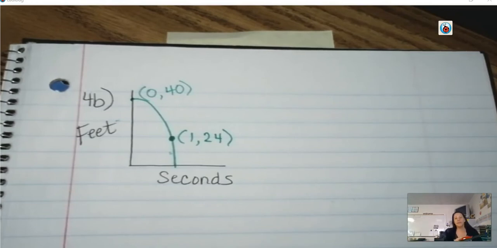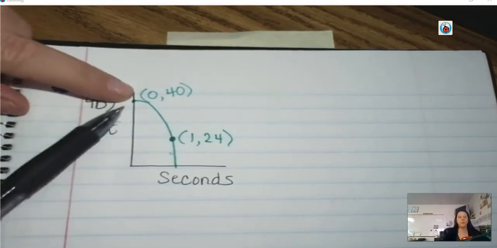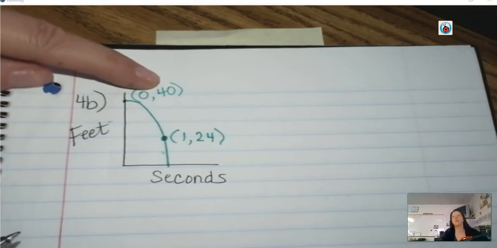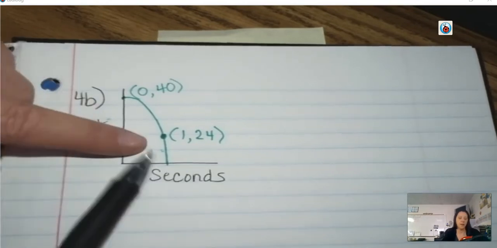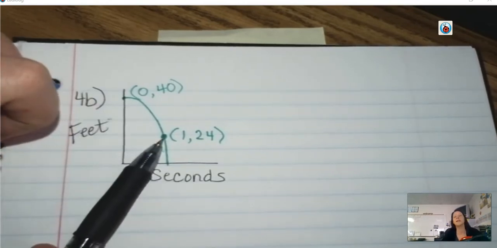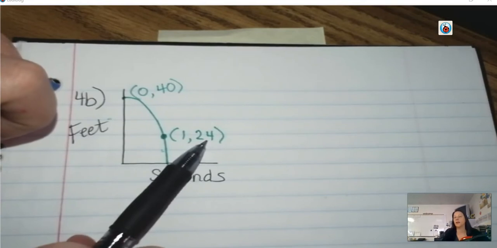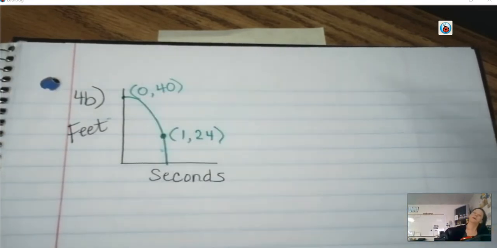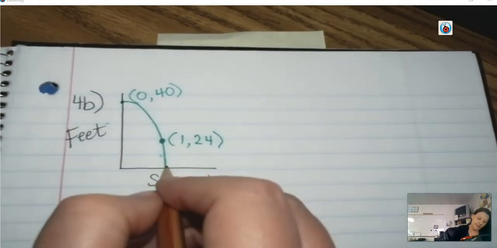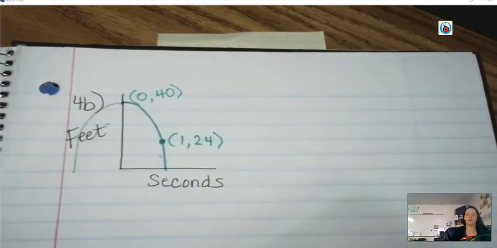So what this means is, after 0 seconds, the rock is 40 feet in the air because it's on top of the cliff. And then it gets knocked off the cliff, and at 1 second, it's 24 feet in the air. And then at some point it's going to land. So if you imagine this is half of the parabola, the other half would be this way. So that vertex is right here at 0, 40.